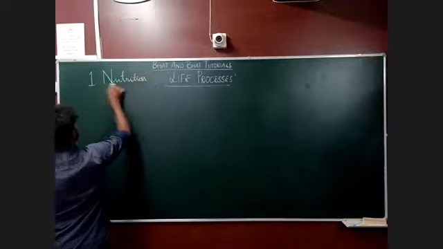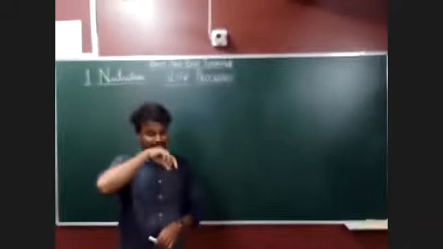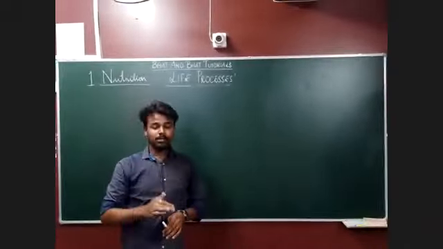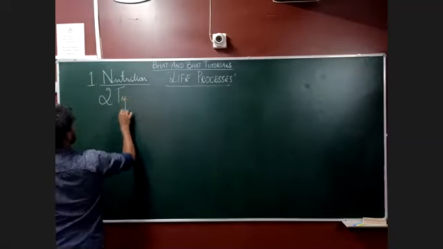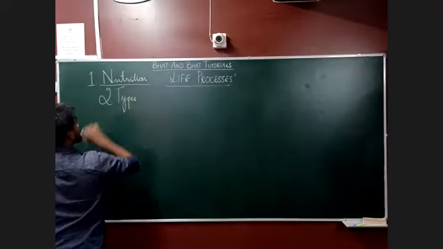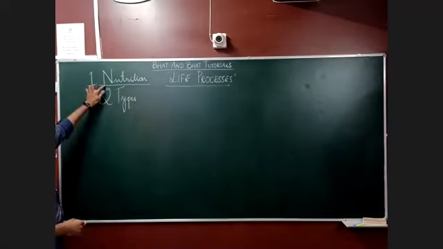Whenever I say the word nutrition, what is the major thing that you have to understand? All organisms take in food. Some prepare it on their own and some depend on other organisms. So nutrition is majorly classified into two types. I'll go as slow as possible. Nutrition is where the organism has to take food for its survival.